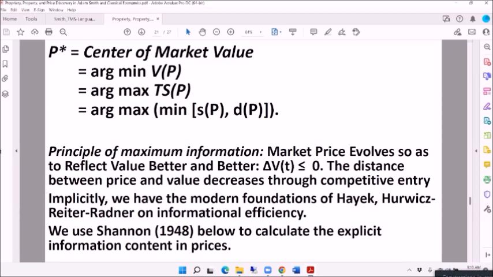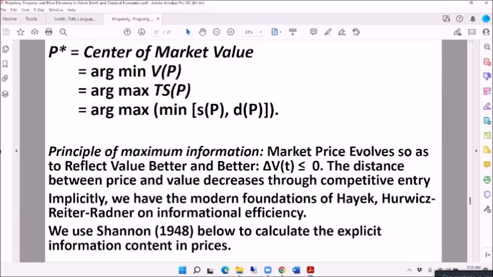So implicitly, we have here the modern foundations of Hayek, Hurwicz, Radner, and Ryder, which talked about informational efficiency: the idea that the pricing system is an information system, and people make decisions based upon these prices.